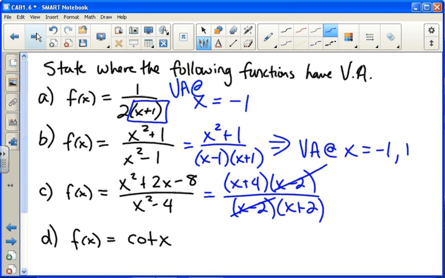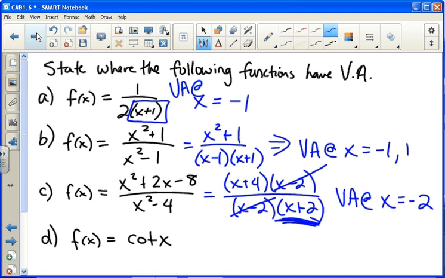And if x equals negative 2, then this piece is 0, so we have a vertical asymptote at x equals negative 2. Notice, I didn't even pay any attention to the x plus 4 on top. Making the numerator 0 has nothing to do with vertical asymptotes, except if you're checking because it already makes the denominator 0. But it's got to make the denominator 0 to be a vertical asymptote.